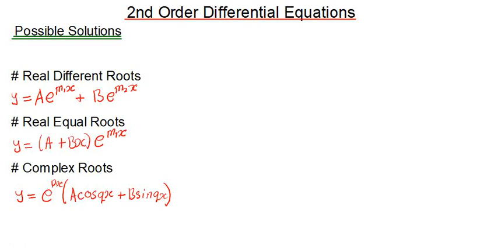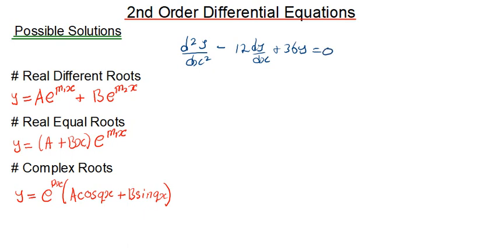Okay, so the first example that I'd love us to look at is let's say we have d2y dx2 minus 12 dy dx plus 36y is equal to 0.